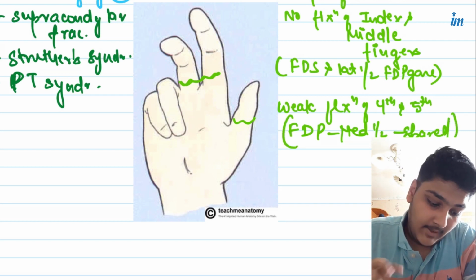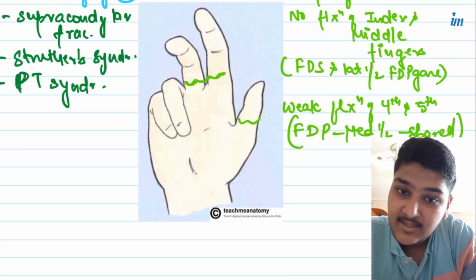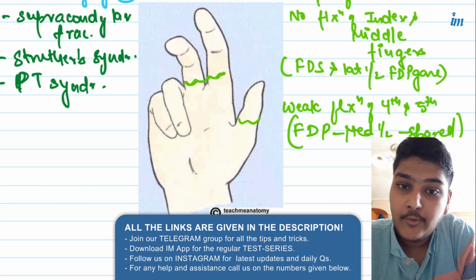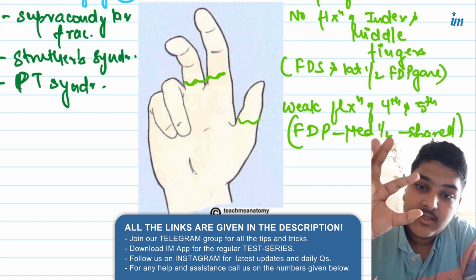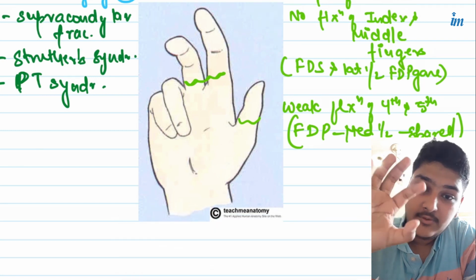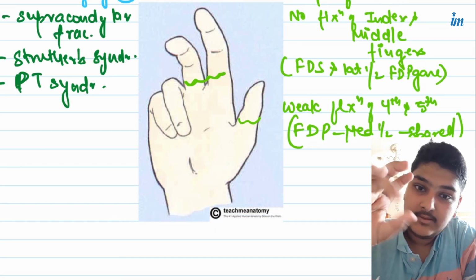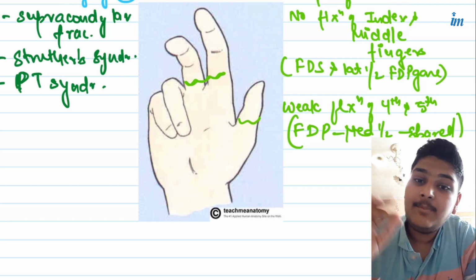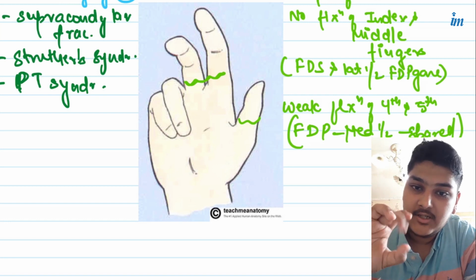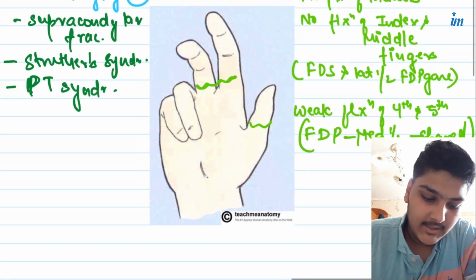And one important point here, that in any median nerve injury, one important feature is there: the patient won't be able to do opposition of the thumb. This is known as opposition of the thumb. In any median nerve injury, there will be no opposition of thumb, and inability to oppose your thumb is known as ape hand deformity.